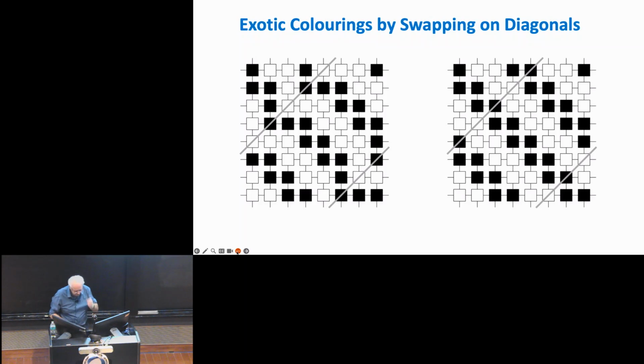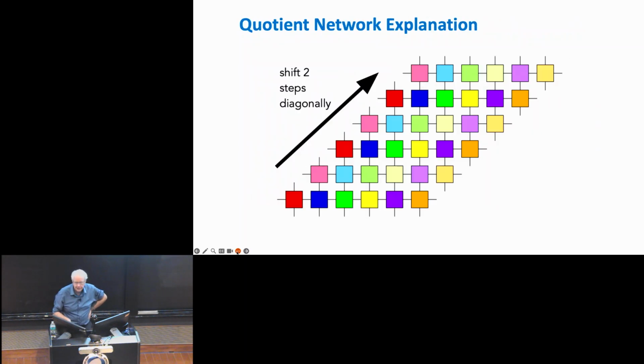But there's another way to think of this, which is getting towards the main point of this talk. Think of the subgroup that shifts everything 2 steps diagonally, but don't worry about translations in the horizontal direction. And look at the orbit colouring for that group. Here's a little bit of it.